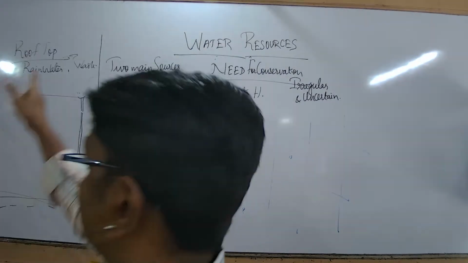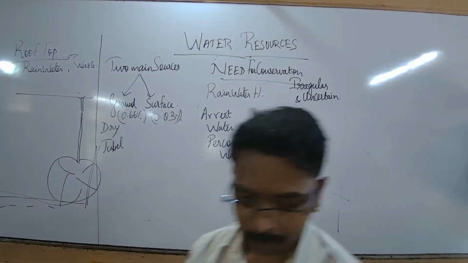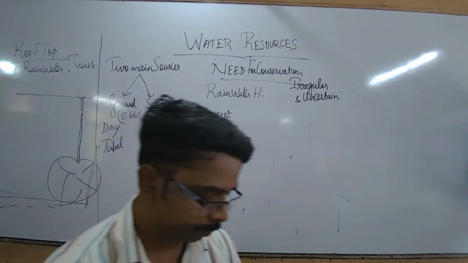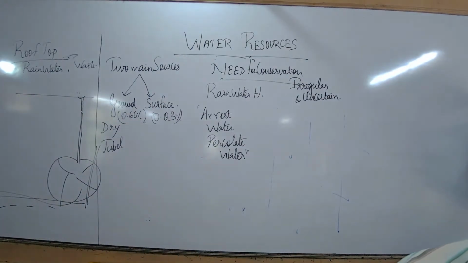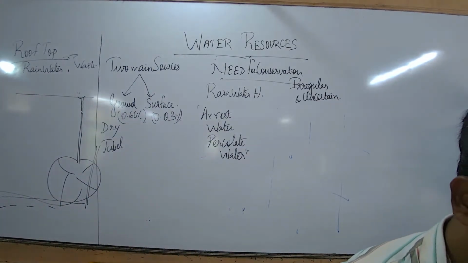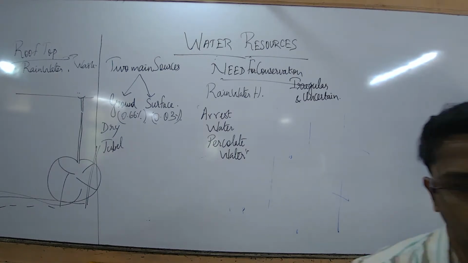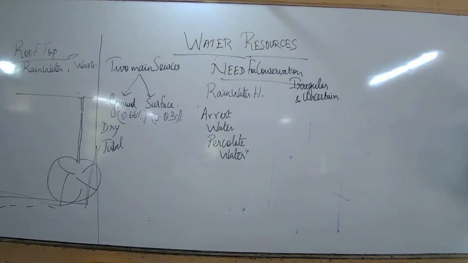So let's write this heading in your notebook. Chalo. What was that heading called as? Rainwater harvesting. No. Importance. Point number 1. Most popular slogan of RH.